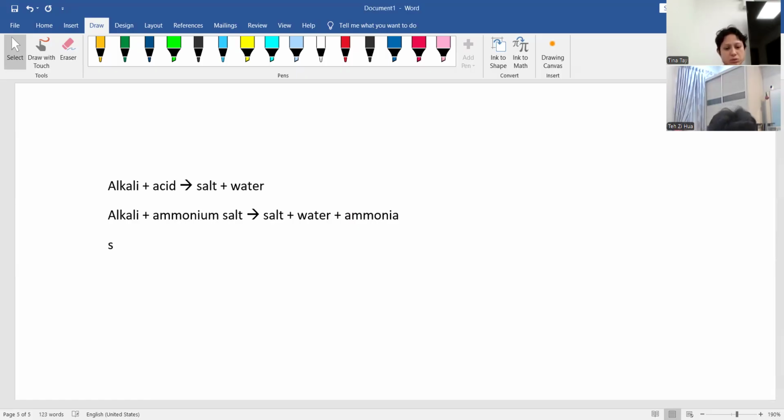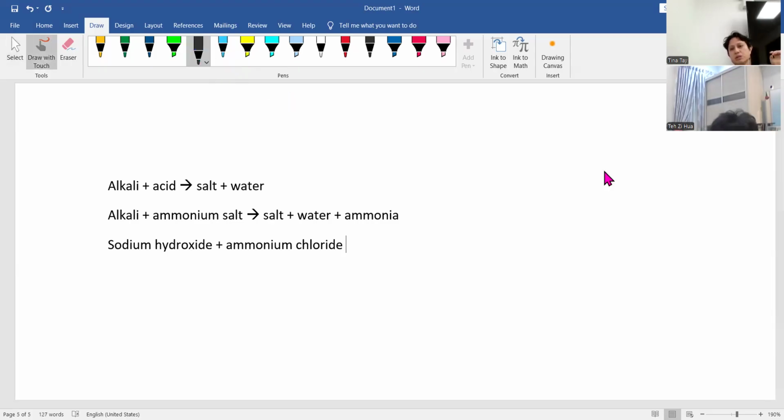Sodium hydroxide is alkali. Ammonium salt is like ammonium chloride. Ammonium chloride is an ammonium salt. Ammonium salt is anything with an ammonium ion. Remember, ammonium is a cation.